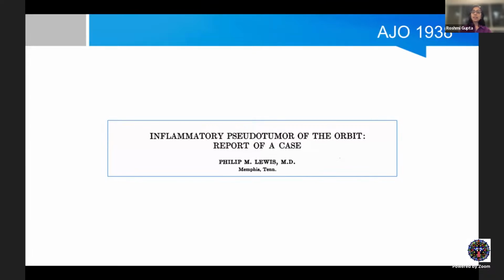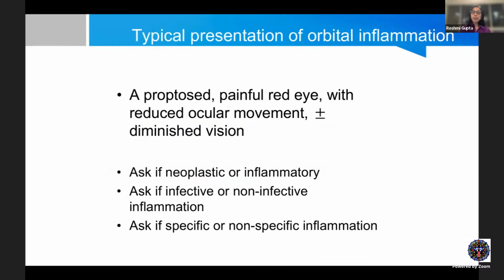As early as 1938, the first case report came in of an inflammatory pseudotumor of the orbit. Typically, the presentation of an orbital inflammation conforms to the classical description of inflammation. There's proptosis, that is swelling, a painful red eye, reduced ocular movement with or without diminished vision.